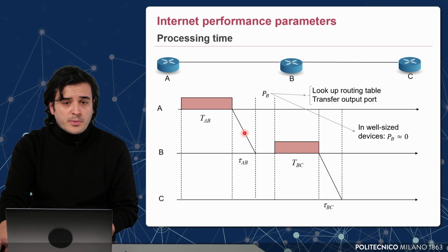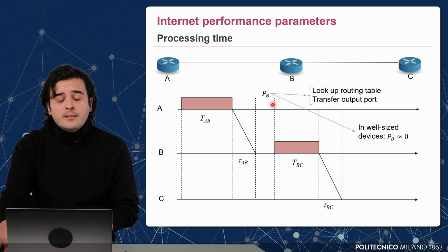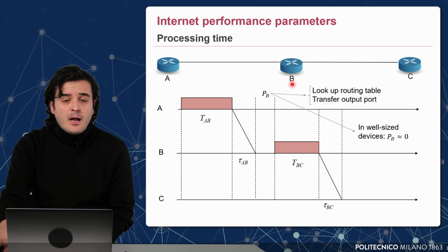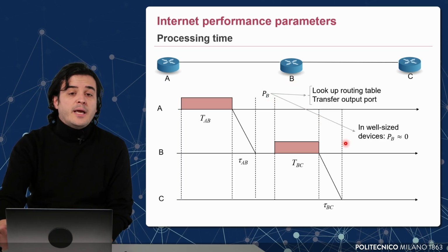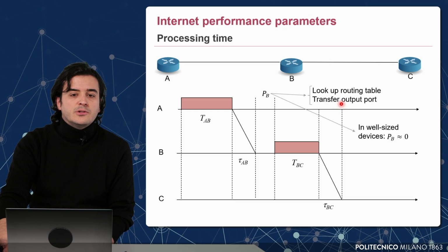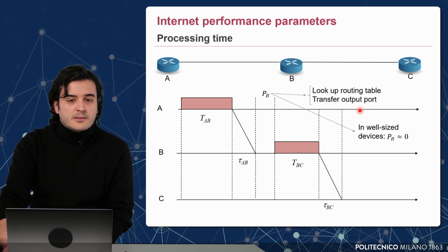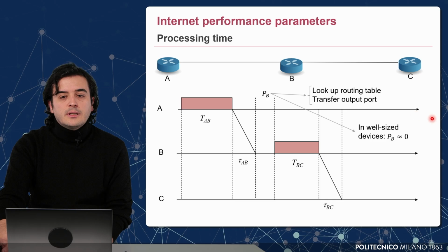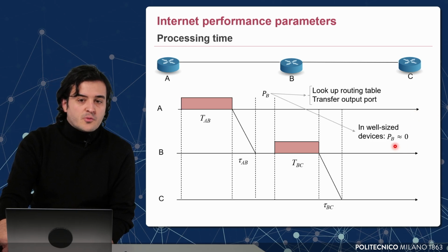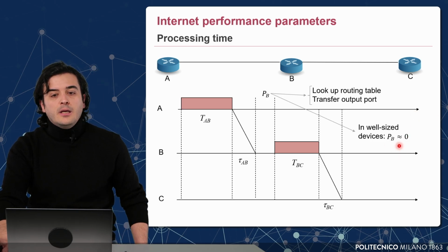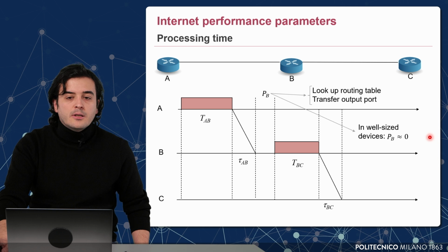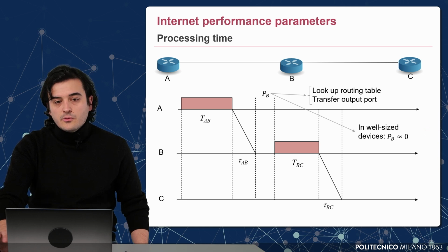There's a propagation delay, as we have defined before, tau AB, and there should be also processing time at the node B. However, in today's devices, the assumption is usually to consider that such processing time at the nodes can also be negligible. That's why we define that PB is approximated to 0.